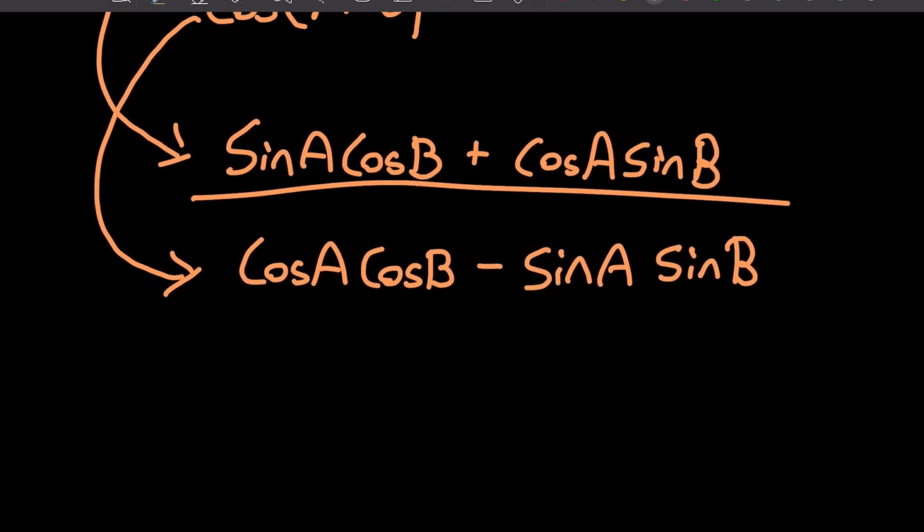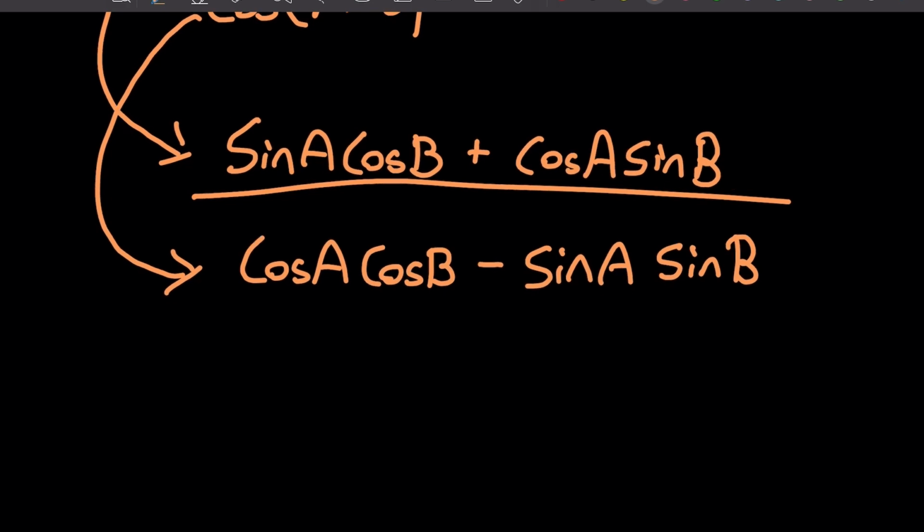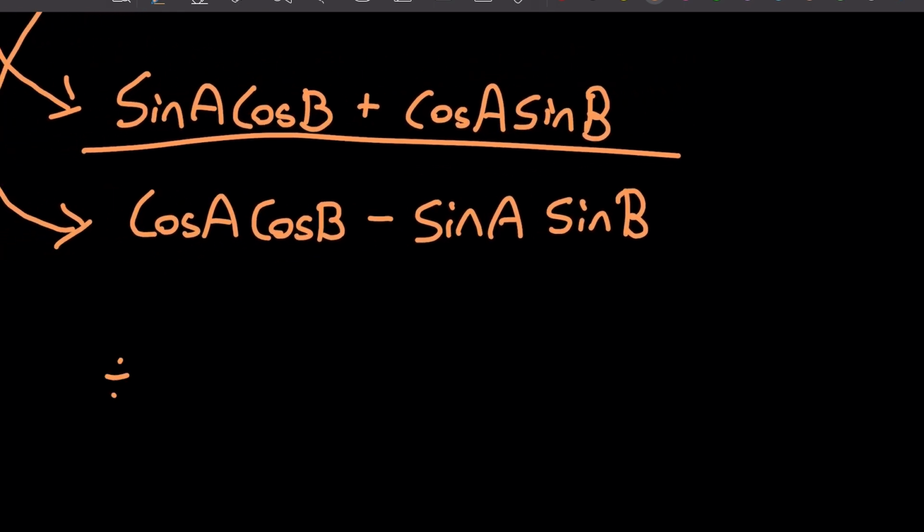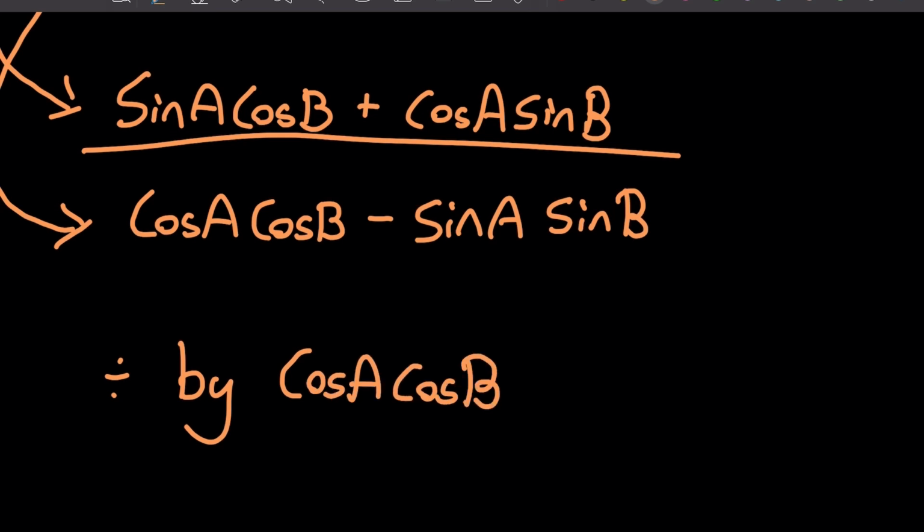So do you remember what I told you that we'd want to do? We want to divide everything. We're going to divide by cos A cos B, because we want everything in terms of tan, and we know that sine over cos is tan.